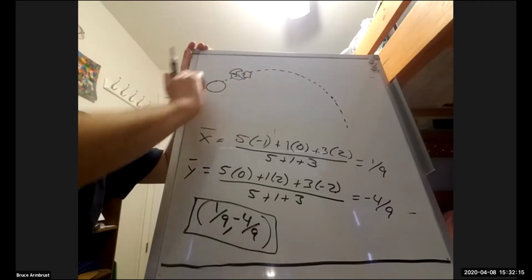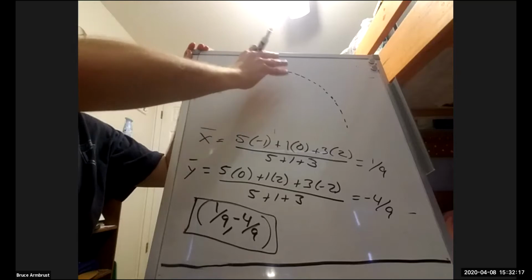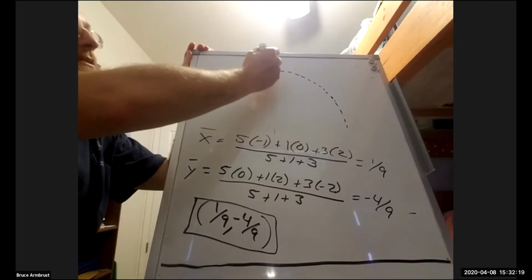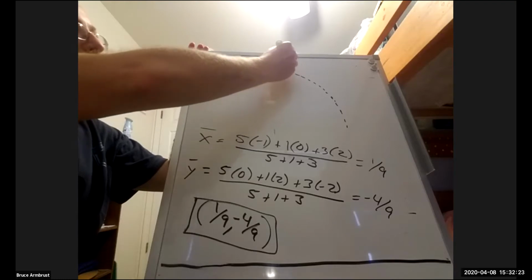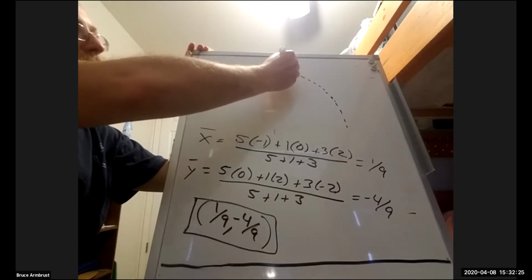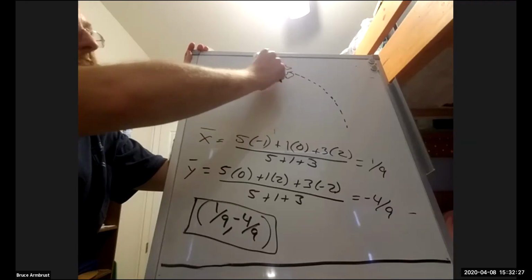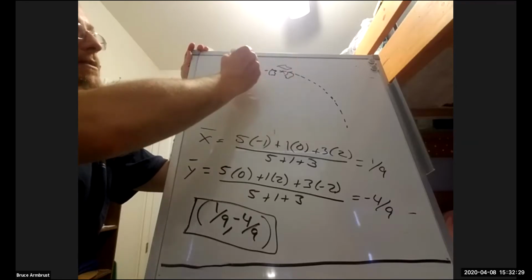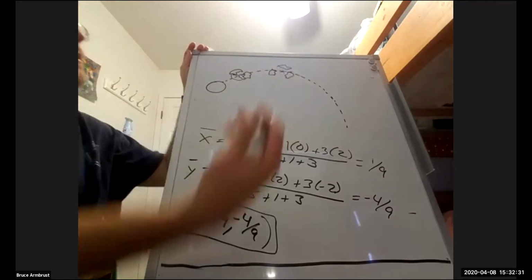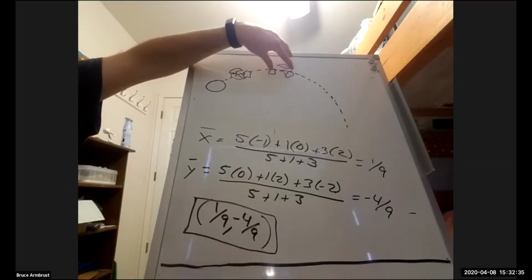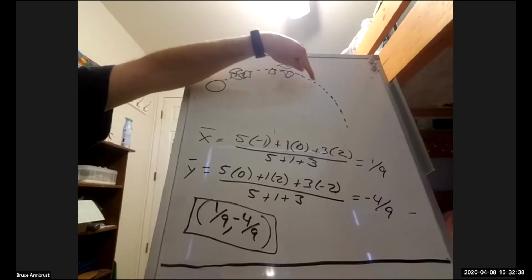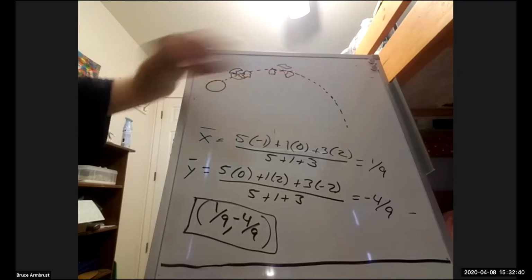As this stuff breaks apart, it's still going to basically follow this path, such that the center of mass is always located on that parabola. So they're flying apart, and yet the center of mass still follows this.